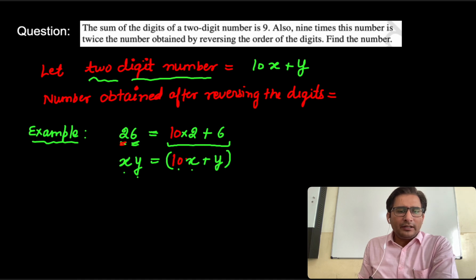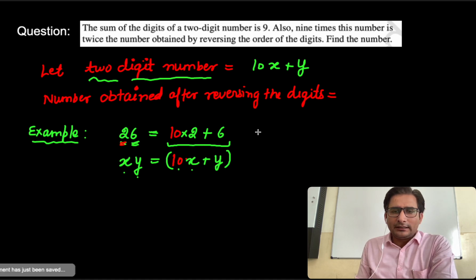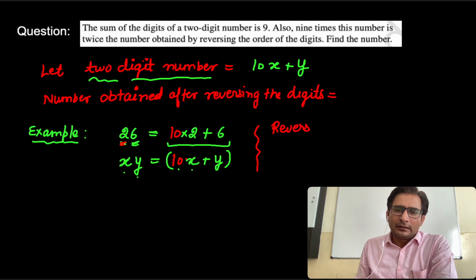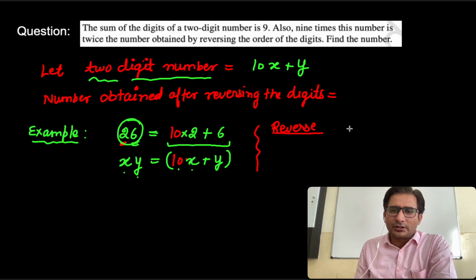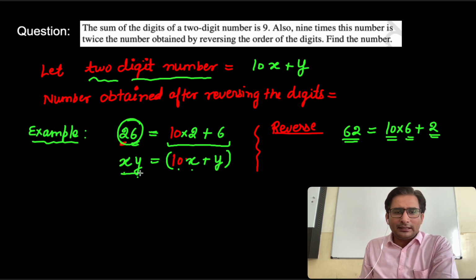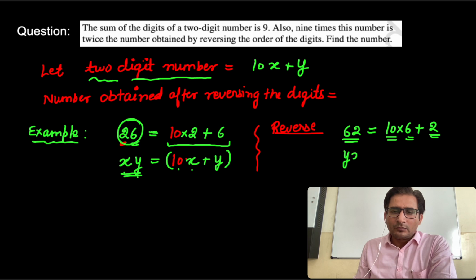Okay. Now if I reverse the digits, look at this, what happens? This 26 will become 62, right? So 62 can be written as 10 into 6 plus 2. If I reverse the digits of xy, it becomes yx, right?